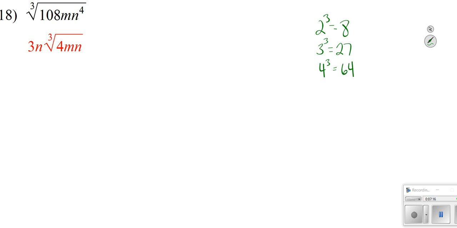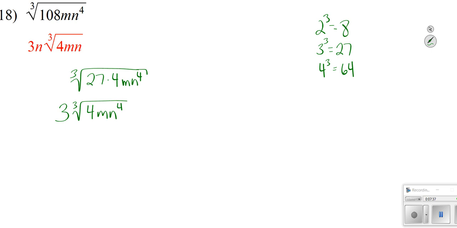I can't do the 64, since 108 doesn't divide by that, but it does divide by 27. So the cube root of 27 times 4, m n to the 4th. I can take out that cube root of 27 as a 3, leaving behind the 4m n to the 4th.